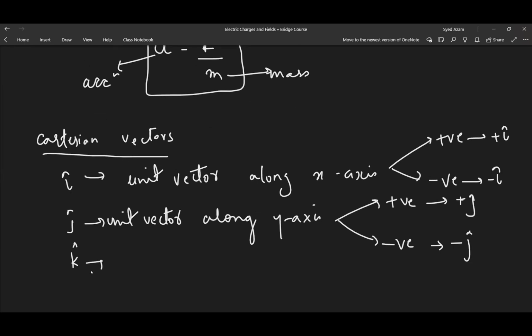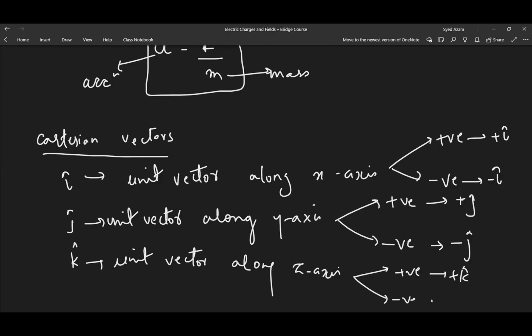Last one, this is the unit vector along the z-axis. Positive means plus k cap, negative means minus k cap. So these Cartesian vectors are very important. Just copy down this.